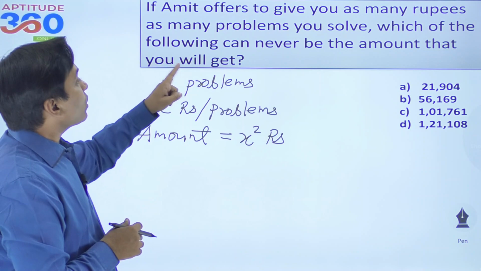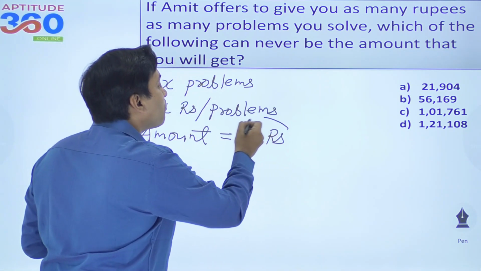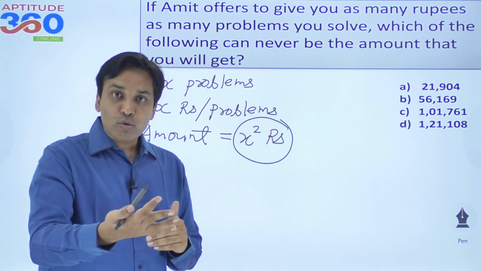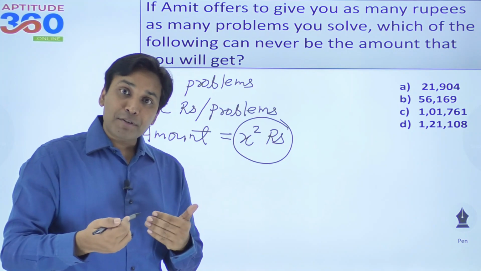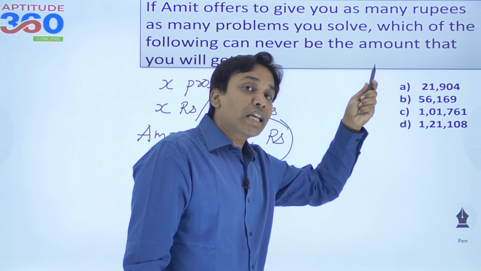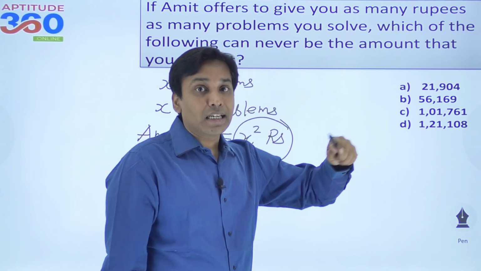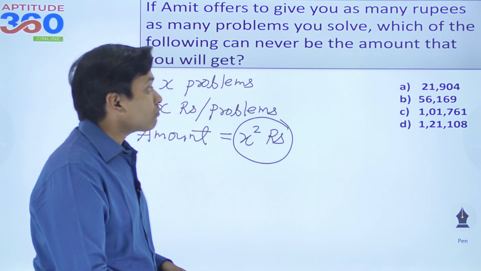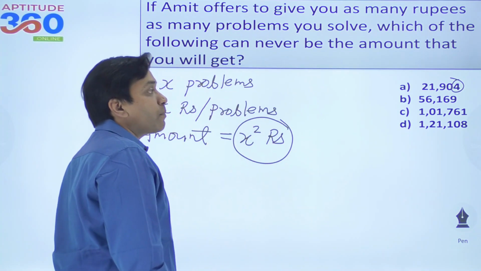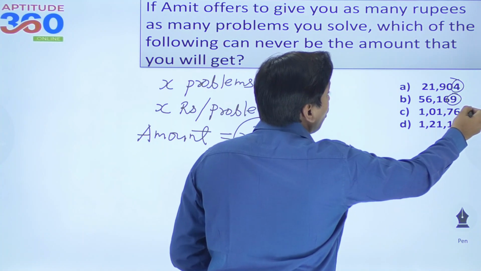So what is the problem? Which of the following can never be an amount? What does that mean? This amount is X square, so it has to be a perfect square number. We have to look over here and figure out which one cannot be a square. If 4 is at the unit place, there is a possibility that it is a square, or with 9 or with 1.